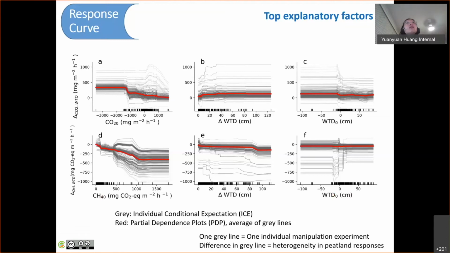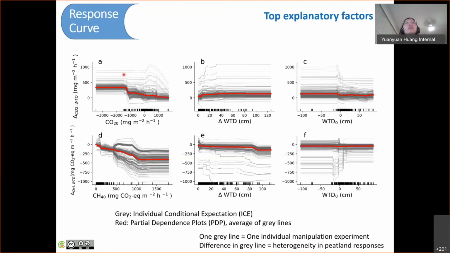The red line is the average response curve, and each of the gray lines corresponds to the response curve for an individual experiment. Sorry, the green line is not that clear, but if people are interested in an individual study, they can look into its response curve to figure out why it has this type of response.